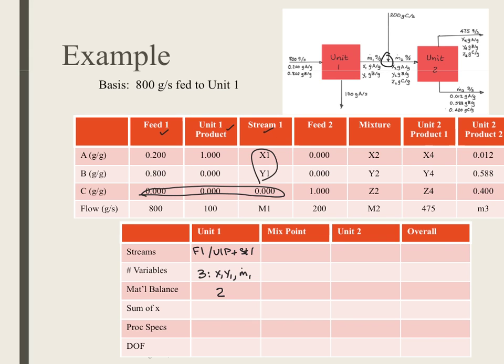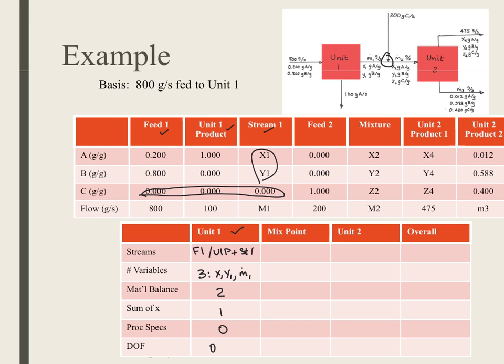I have no process specs, and to calculate my degrees of freedom, take the number of variables minus material balances and sum of x's and specs, and I end up with 0 degrees of freedom. So this one is good to go. I could get started solving this one right away. But let's go ahead and look at the other units.